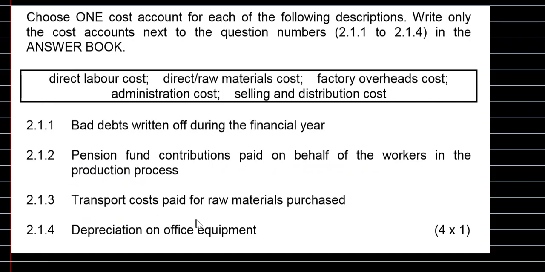Transport cost paid for the raw material purchased. Depreciation on office equipment, so this one goes together with administration cost, because it's all about compiling information about depreciation that are in the business. So let's just go to the next page and record all these accounts.